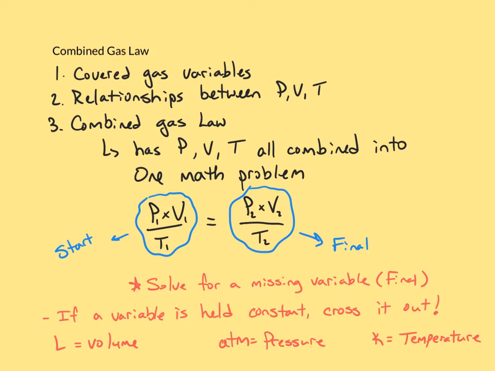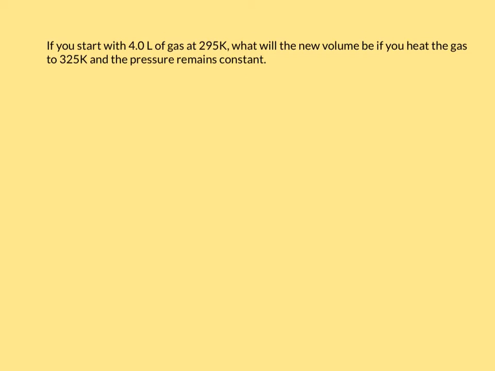Again, liters are volume, atmospheres are pressure, and K, or Kelvin, is for temperature. Now I'm going to do a couple of examples, and we're going to do lots of practice with this, solving for a missing variable. We're going to read the problem, insert the variables where they need to go, and solve for the missing variable. And I'll show you how to do this a number of times in this video lesson.